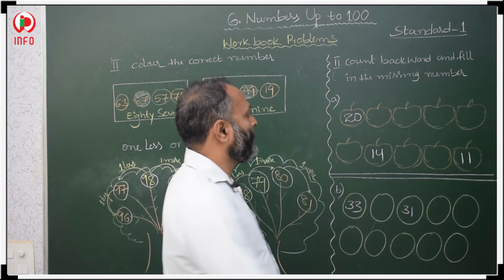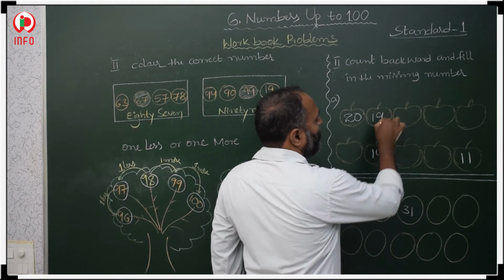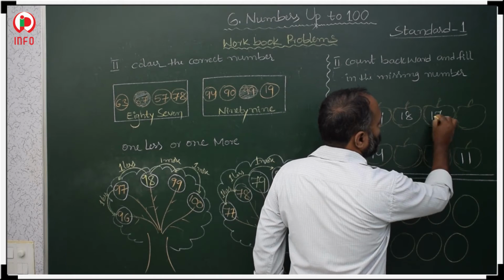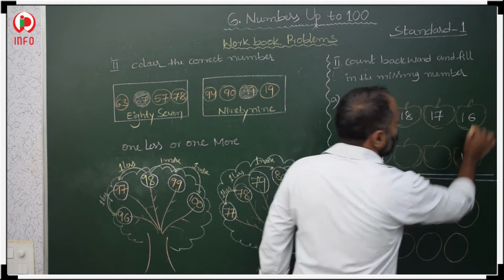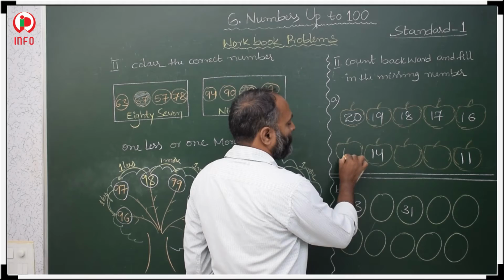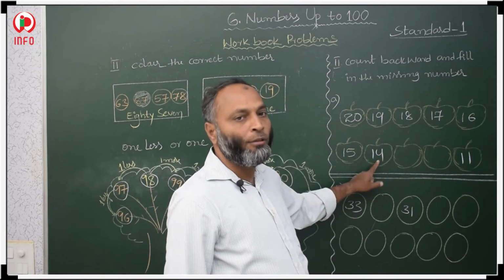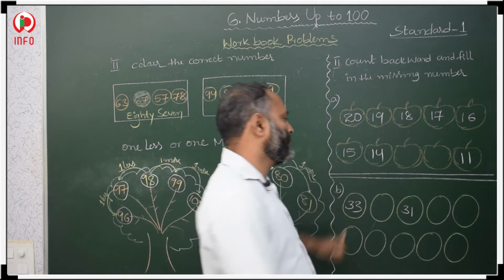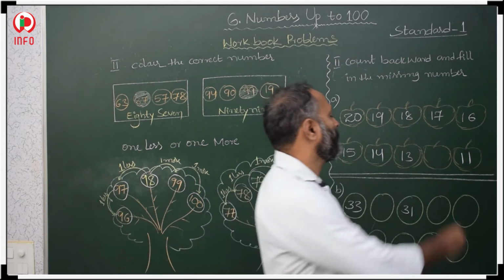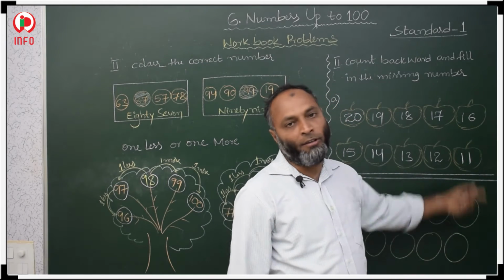Then 20, before is 19, 19 before is 18, 18 before is 17, 17 before 16, 16 before 15, 15 before is 14, 14 before number 13, 13 before number 12, 12 before number that is 11, given.